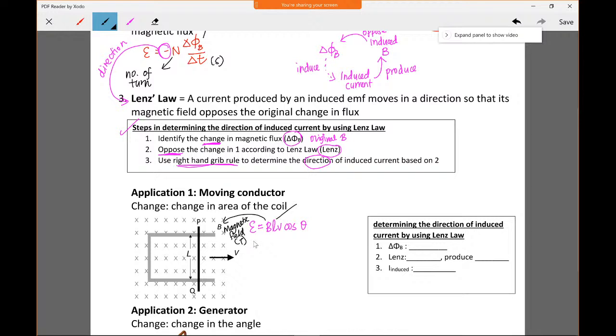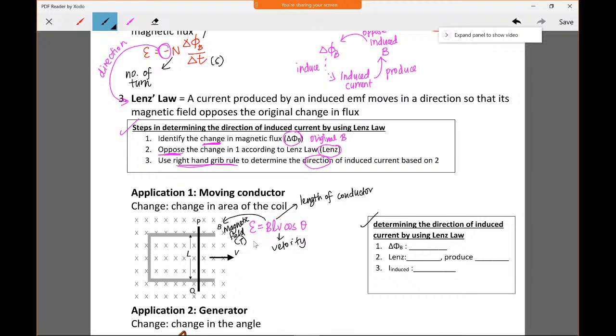L is the length of the conductor. v is the velocity of the conductor. Let's use the steps in order to determine the direction.